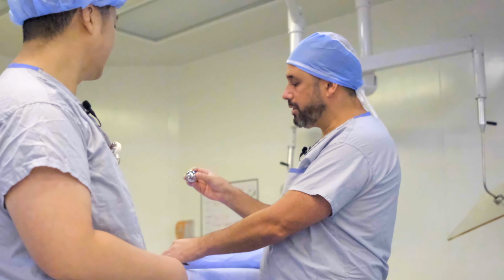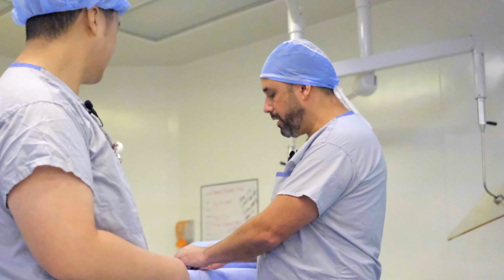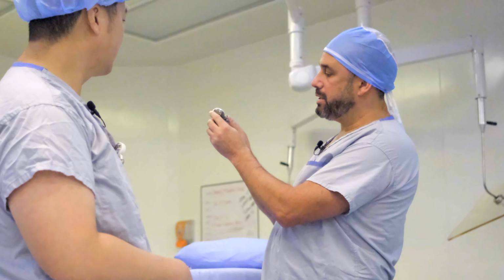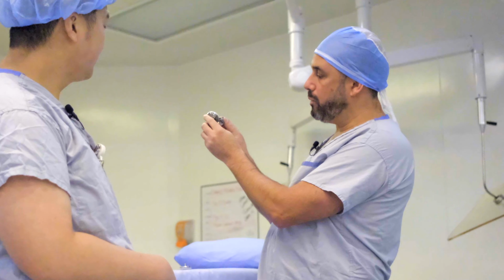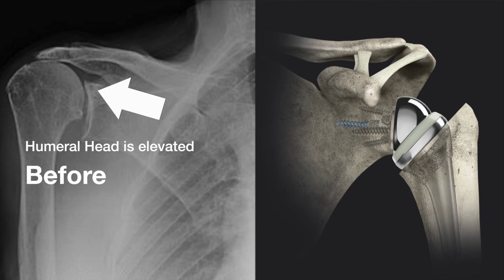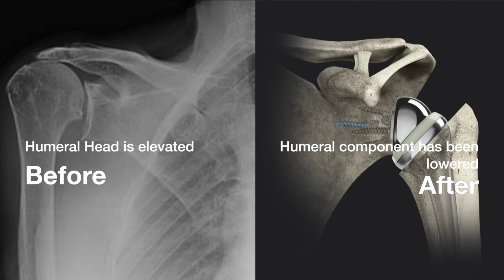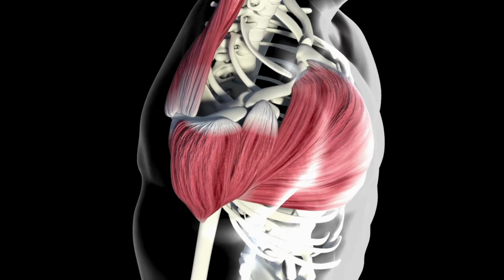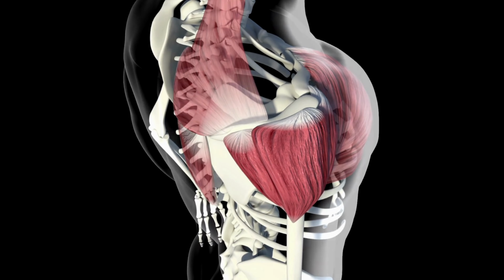Essentially, if you can imagine what it would be like before this is placed, let's say this is the socket. The ball would be sitting up high in the socket. When we do a reverse replacement, we're effectively lowering the center of rotation, and that will, as a result, put a new tension on the deltoid muscle, even in the absence of the rotator cuff.